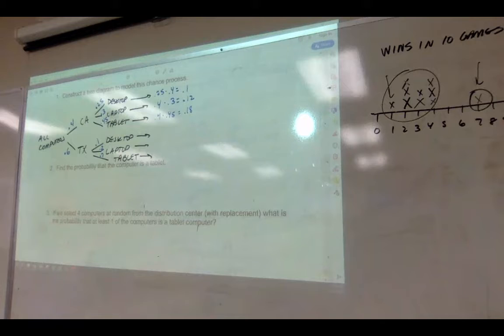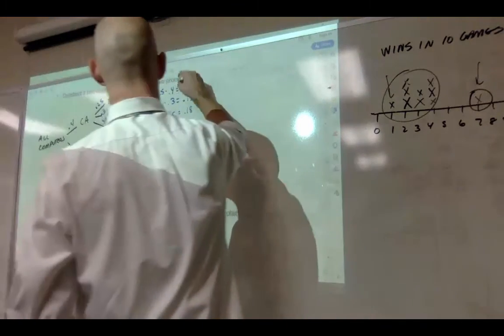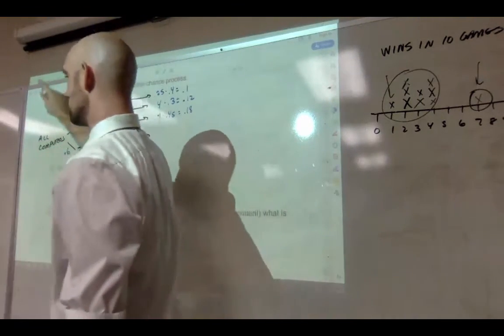Mental check. Do these add up to 1? No. Should they? They should add up to 0.4 because that's what they should have. Yes. At the very end of the branches, we are evaluating not the entirety of the outcomes. All of these should add up to 0.4.